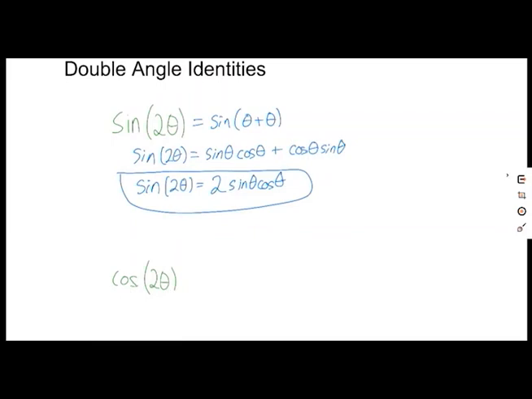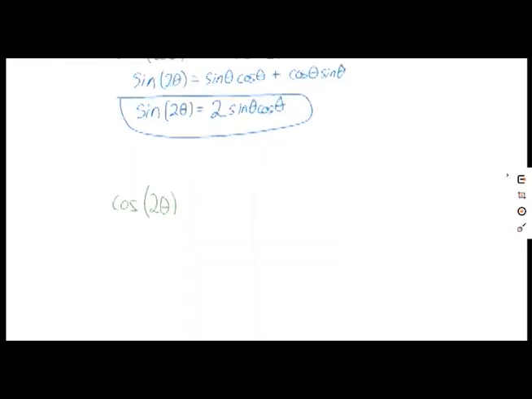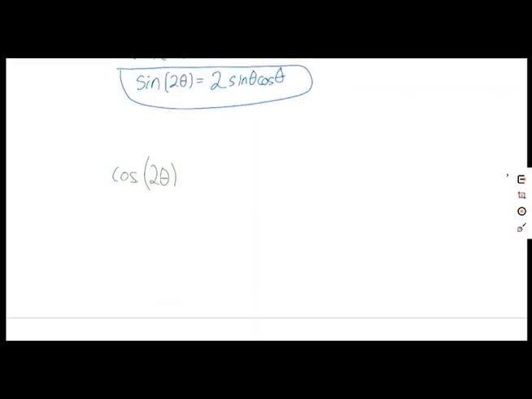Those of you who are in Physics 12 have seen this identity as well, because we needed it in one of our derivations so far. When it comes to the double angle identities for cosine, if you've looked at your formula sheet, you'll see that there are 3 identities we can use.